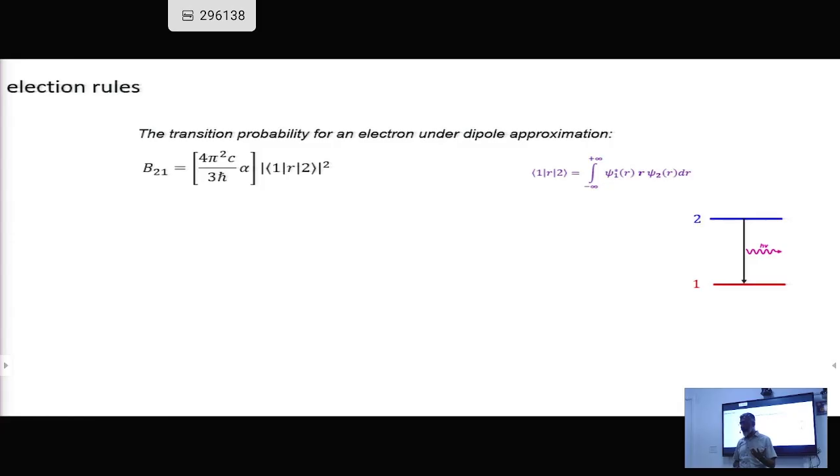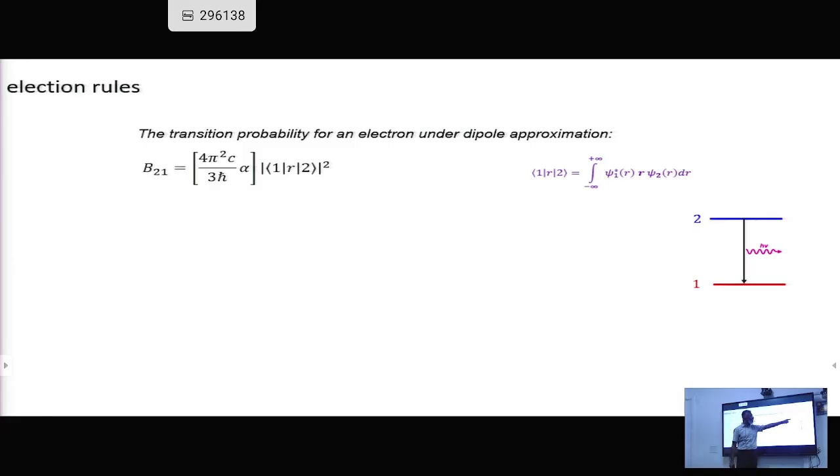electromagnetic field. This is basically the transition probability of an electron, in the dipole approximation. You can have states, and there is a probability that this can transfer from P to N, given by this expression. And this bracket notation, is everybody aware of it?